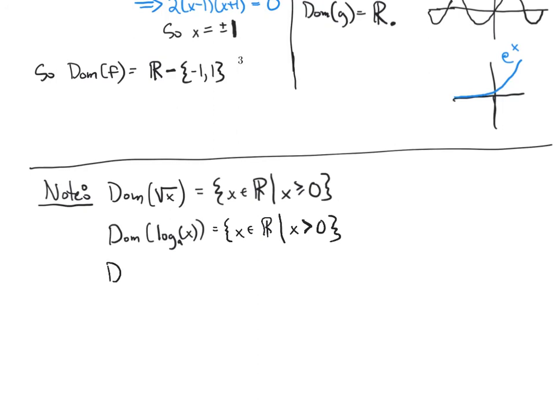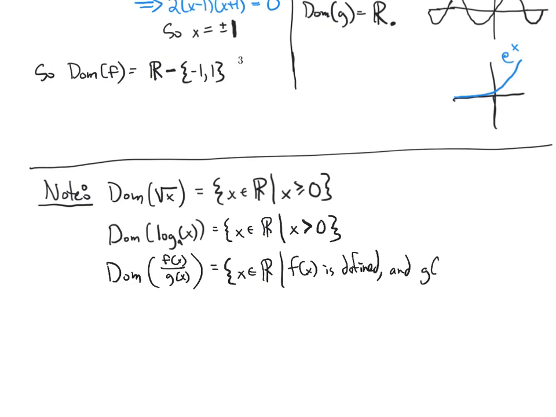And just to have this down as a little reminder as well, if you have some sort of rational function, so f of x over g of x, if you have some sort of fraction like that, the domain here is all real numbers such that you want f of x to be defined and g of x is defined and it doesn't equal 0.